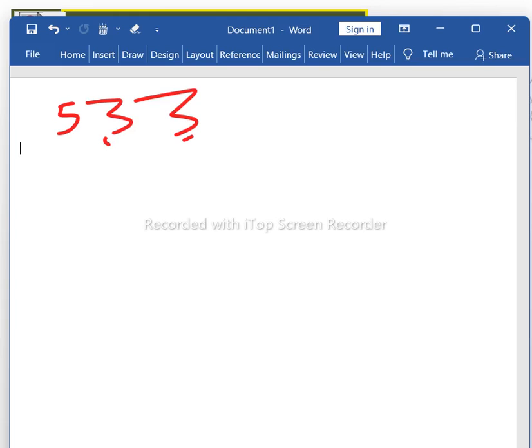Again, not divisible by 9 because the sum of the digits of this number is 11, and 11 is not divisible by 9, so the number is not divisible by 9. Again, by 10 it is not divisible, obviously.